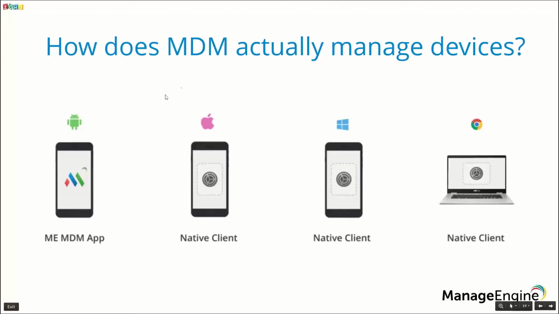For an Android device, you necessarily need to have the ManageEngine MDM app to manage them or to process any command on the devices. But when it comes to Apple, Windows, or Chromebooks, you don't necessarily need to deploy an app. We just leverage the native OS client present on these OS platforms, and we deploy the MDM profile to manage them.